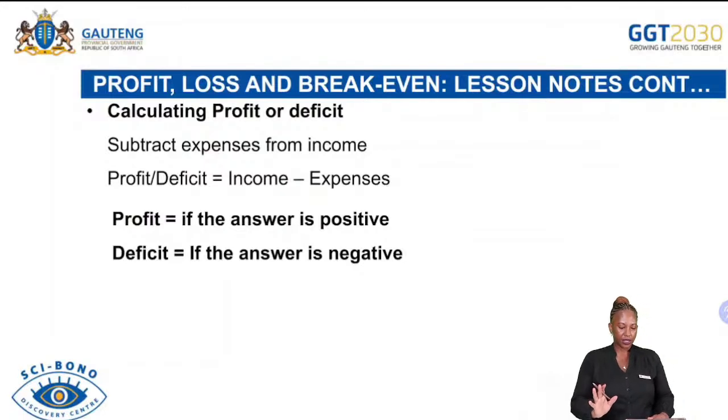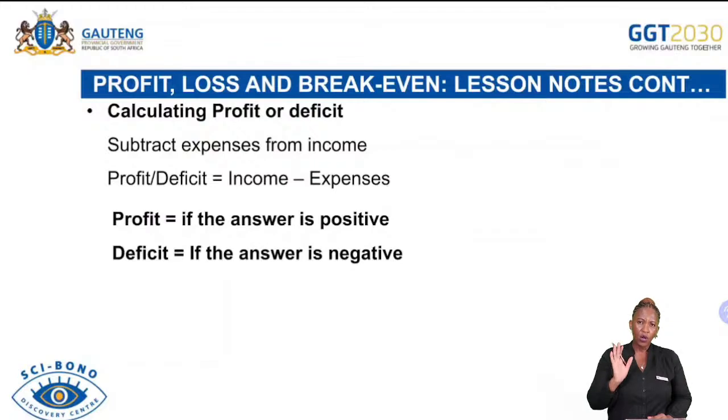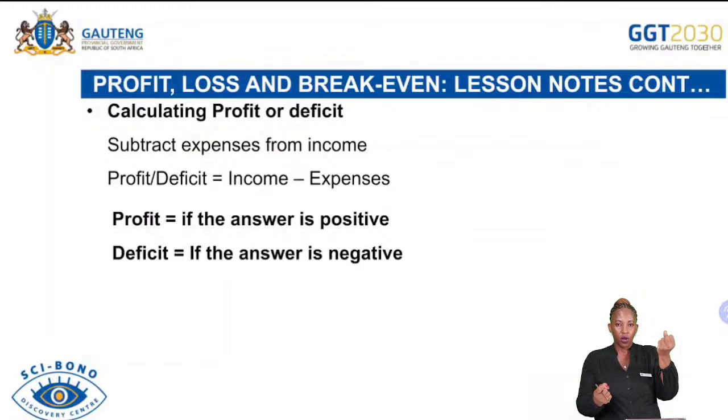Now, boys and girls, calculating the profit or a deficit. When we talk about a profit, we said making more money than the expenditure. So if I've sold goods, my income is more than the expenses.